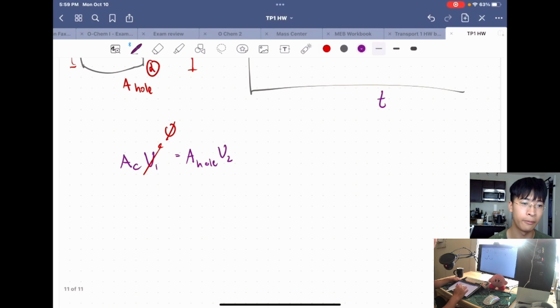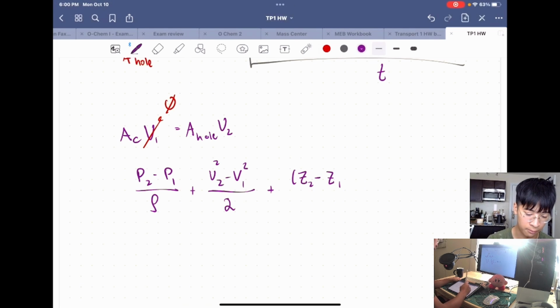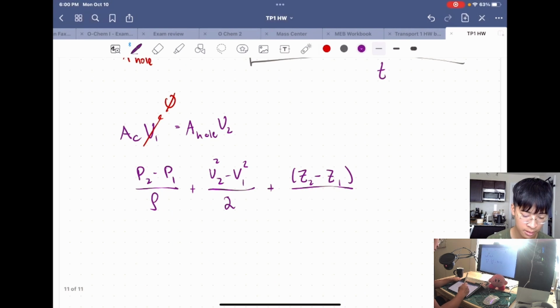Let's write down our expression for Bernoulli's equation. And it's defined like so. (V2 squared minus V1 squared) over 2, plus (Z2 minus Z1) multiplied by g.